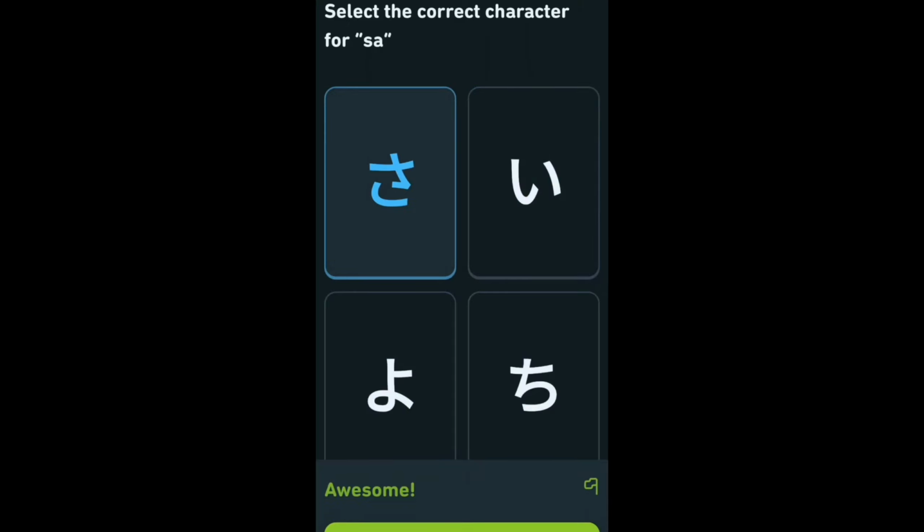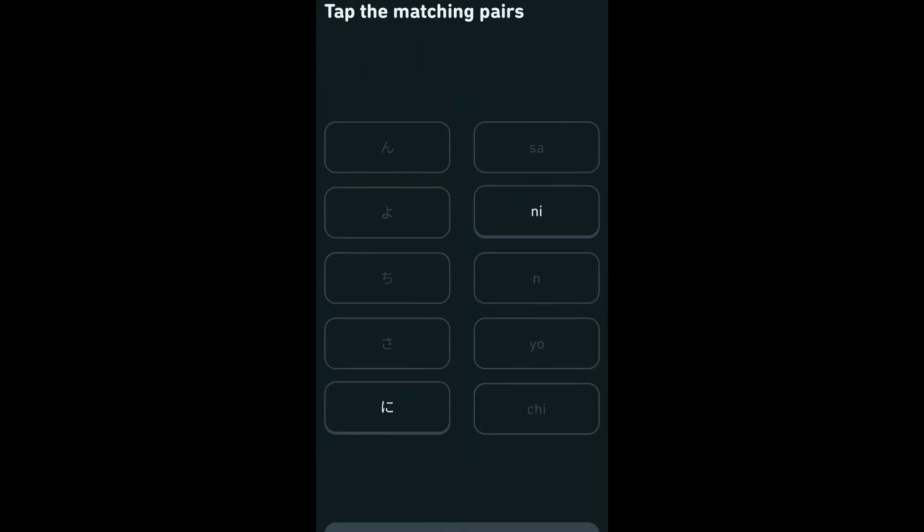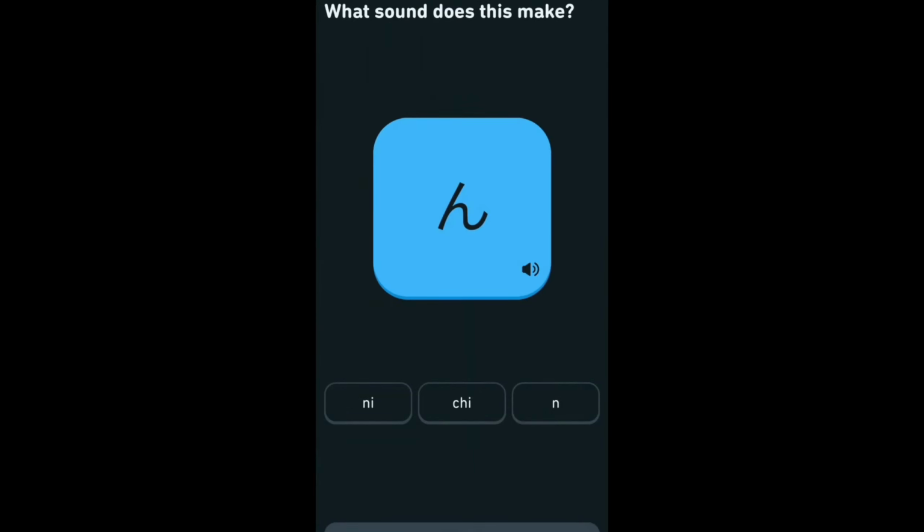Yes, that is sa, the first option. What is this? Yo. Chi. Sa. Ni. Great. What is this letter? N.